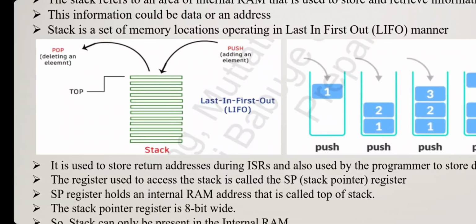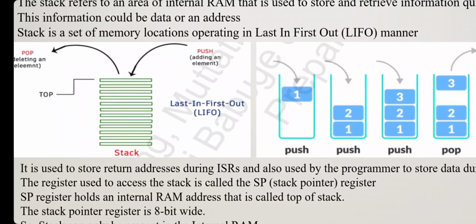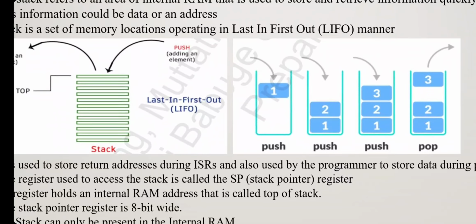This pop is used in programming. When we are adding some element, data or address to the stack, we use the instruction push. So pop is used for taking or deleting data, and push is used for adding data.